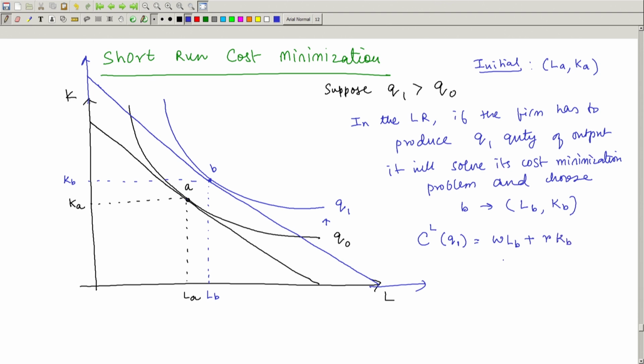And since LB and KB both are larger than LA and KA, clearly CL of Q1 is going to be greater than CL of Q0. So, this is the long run cost. Keep this in mind. This is not anything new that I am saying; this is exactly what we have done in the previous example also. The only thing I have changed in this example is that I have increased the output from Q0 to Q1.